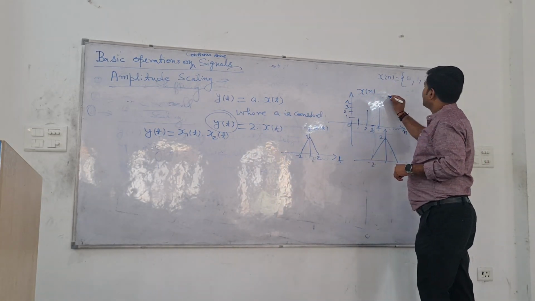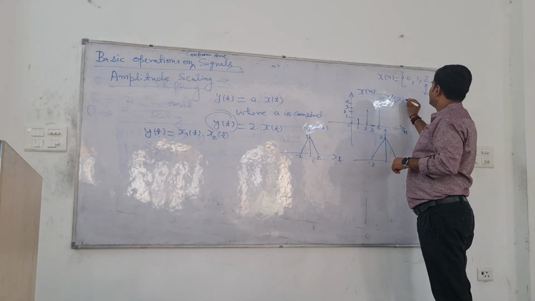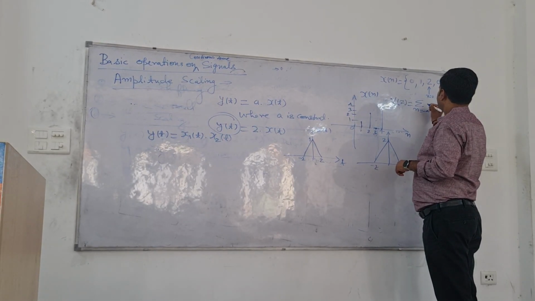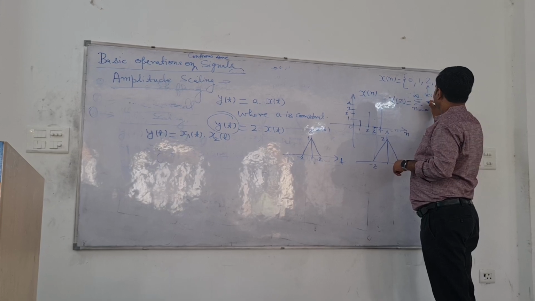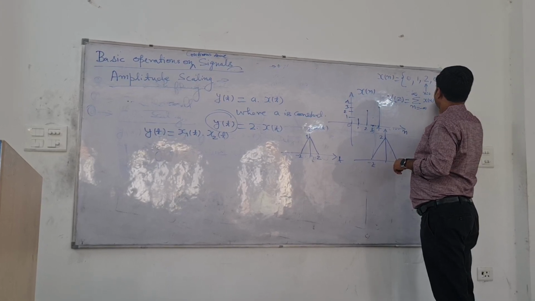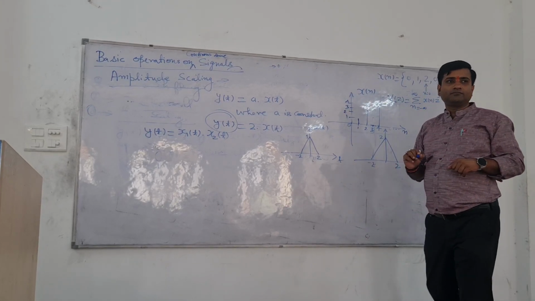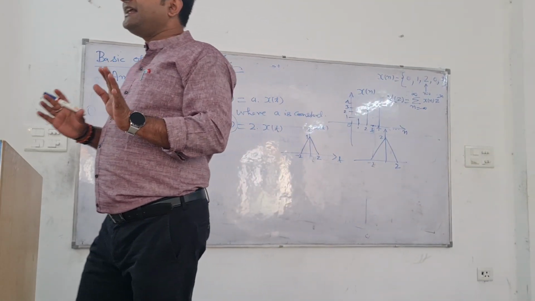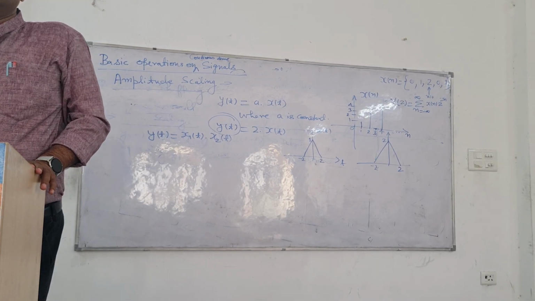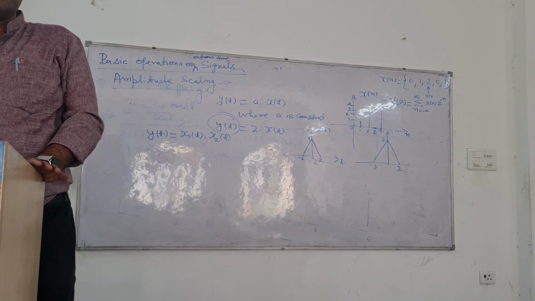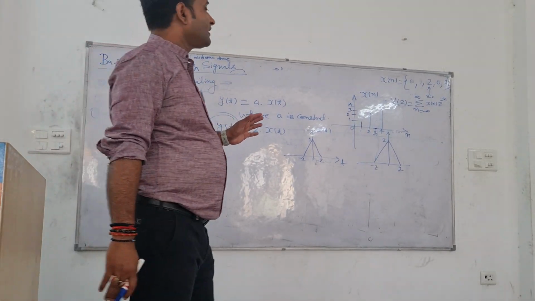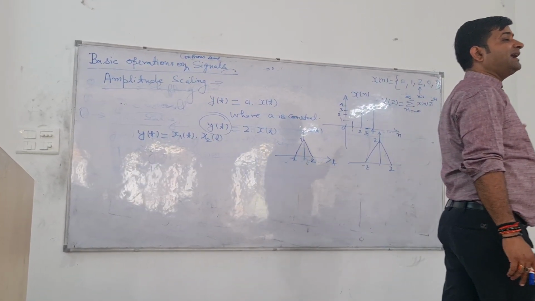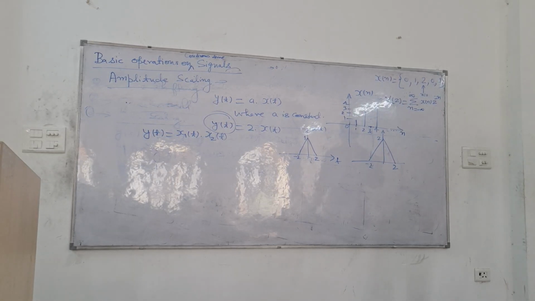I have just revised the basic concept here. This is the power series expansion. The Z transform is nothing but a power series expansion. Here this formula is called the bilateral Z transform.